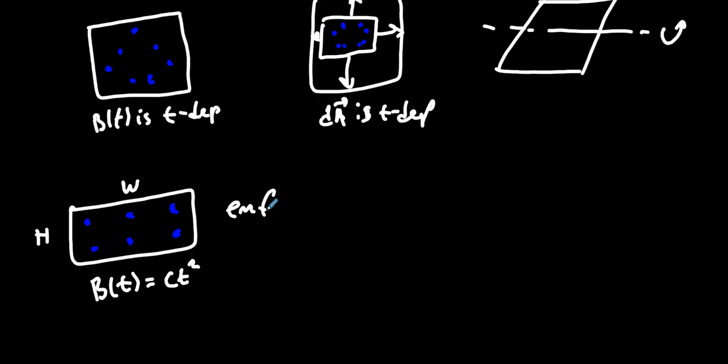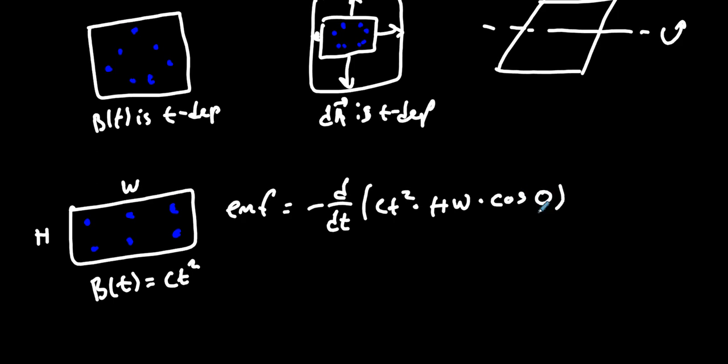So the EMF is just going to equal the negative derivative of Ct squared, which is our field, times the area. The area is just height times width. And then times cosine of our angle, which is going to be 0 because the magnetic field is facing the same direction as the flux is going.